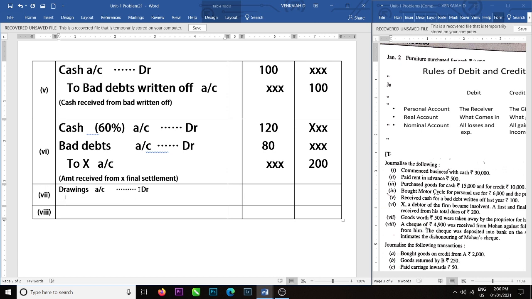We have to credit the purchases because personal used goods are to be credited to purchases. Amount is 500.